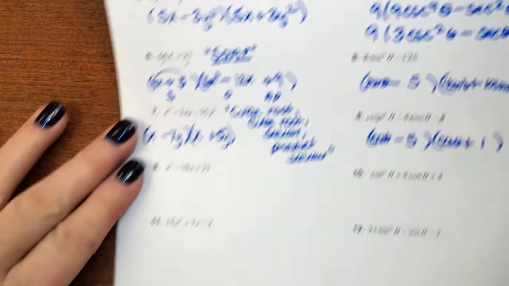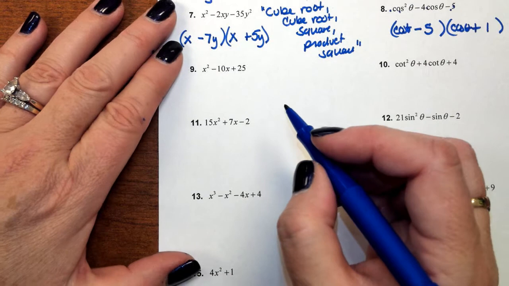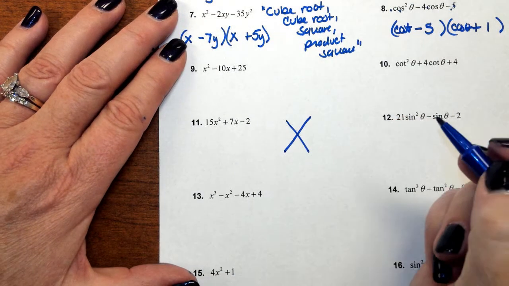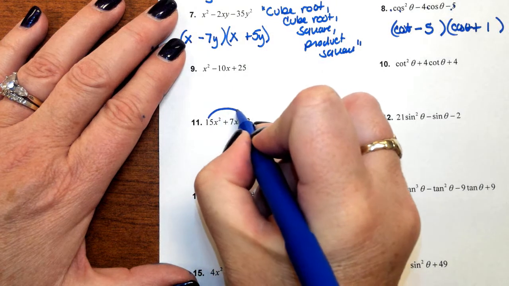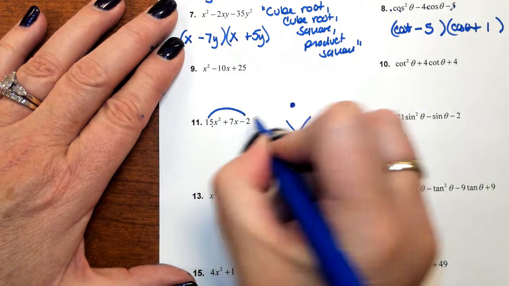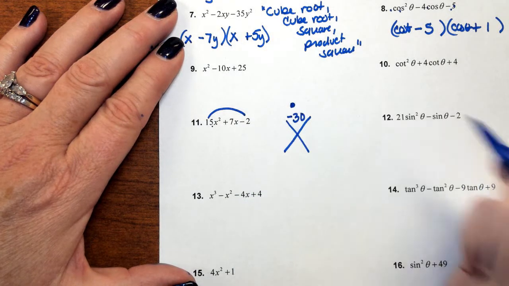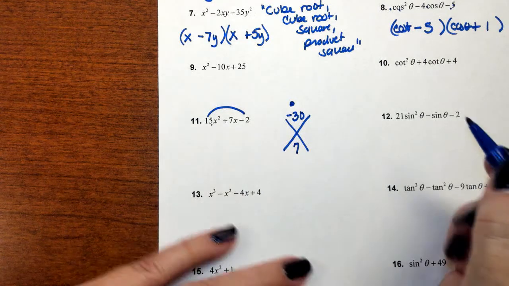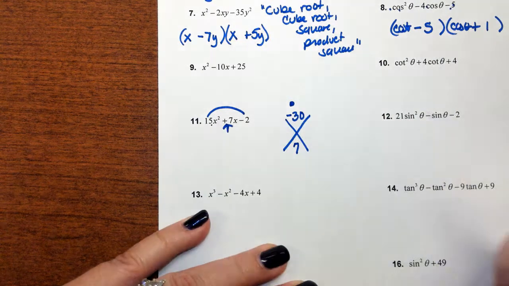Now, when you have a trinomial and the leading coefficient is not equal to 1, this is where a lot of you make this little x, and you multiply your leading coefficient and the constant together. So when you multiply 15 times negative 2, which is negative 30, you want to find the pair that adds together to give you 7. So you look at the coefficient of x.